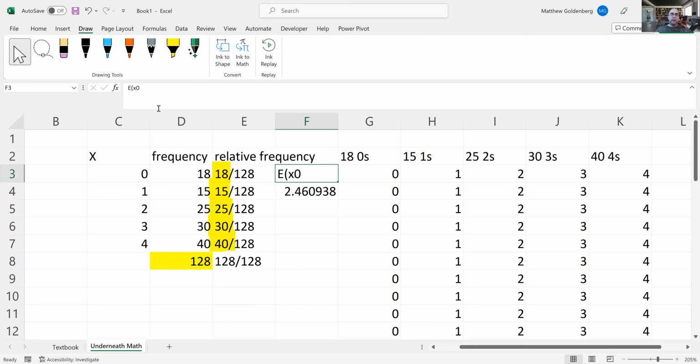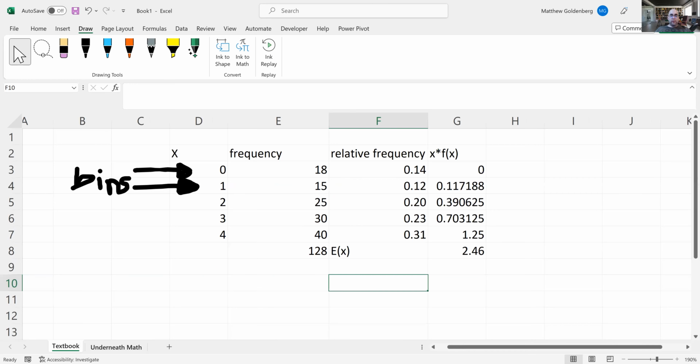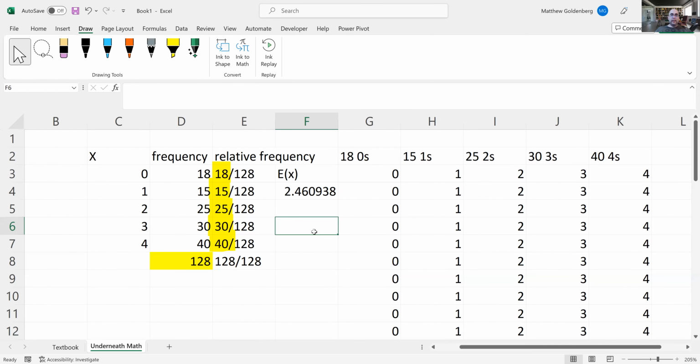How you would figure this out if you didn't have a frequency distribution underneath it is you could just assume kind of the same thing we did here with the underneath math and say, okay, with, for example, 18/128, it's about 14%.